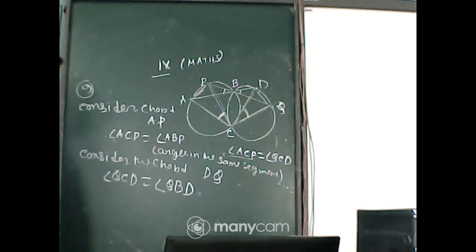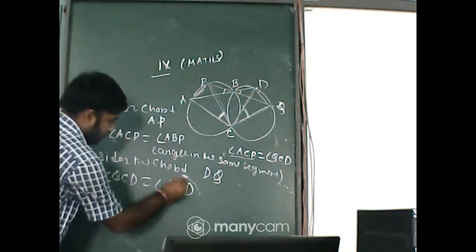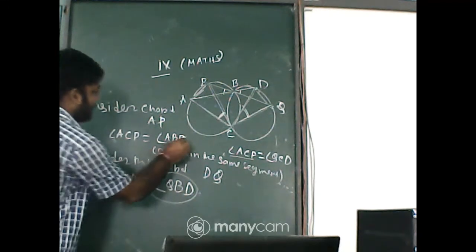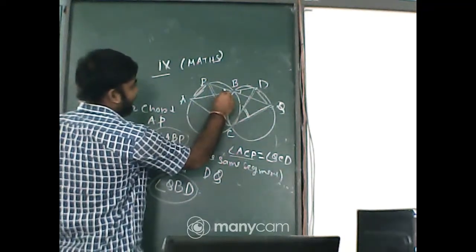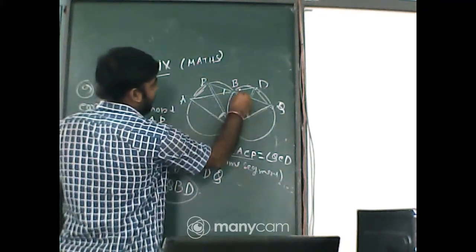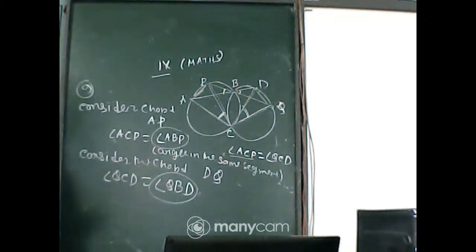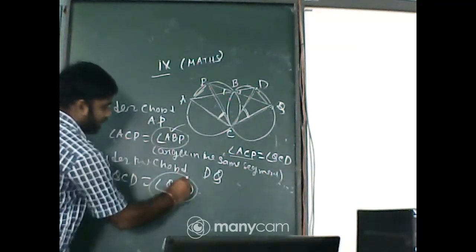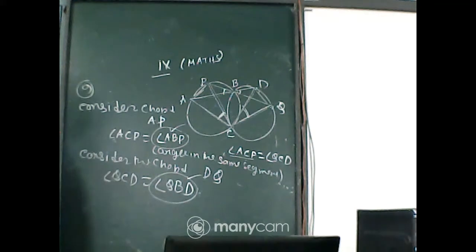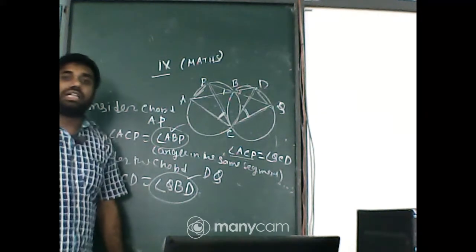Okay. Now one thing students, this angle and this angle, ABP means that angle, and QBD means that angle. They must be equal as they are vertically opposite angles. I already discussed that theory.